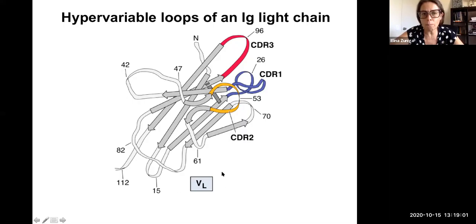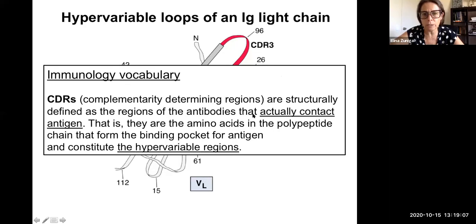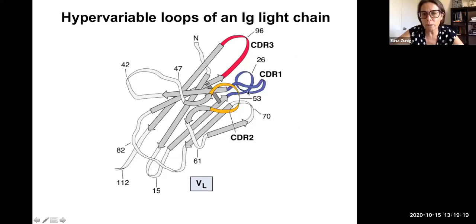So these complementary determining regions are localized in the variable region of the antibodies and are structurally defined as the region of the antibody that is actually in contact with the antigen. So these will be the regions here that will be touching or be in contact with the antigen to which this antibody is specific.